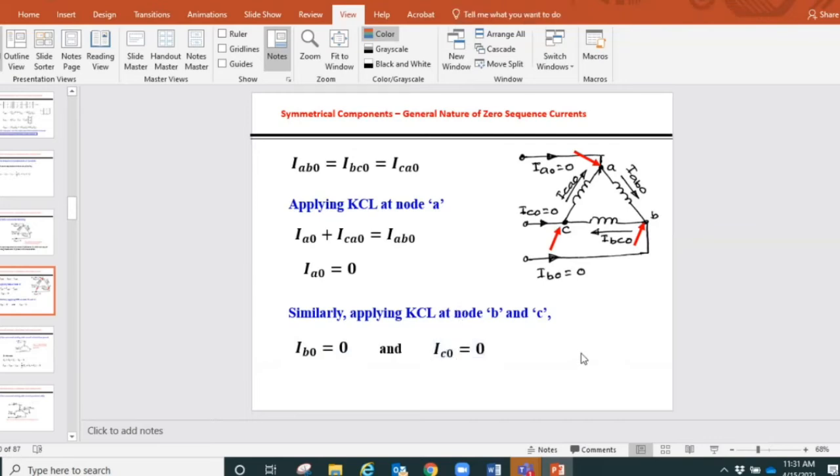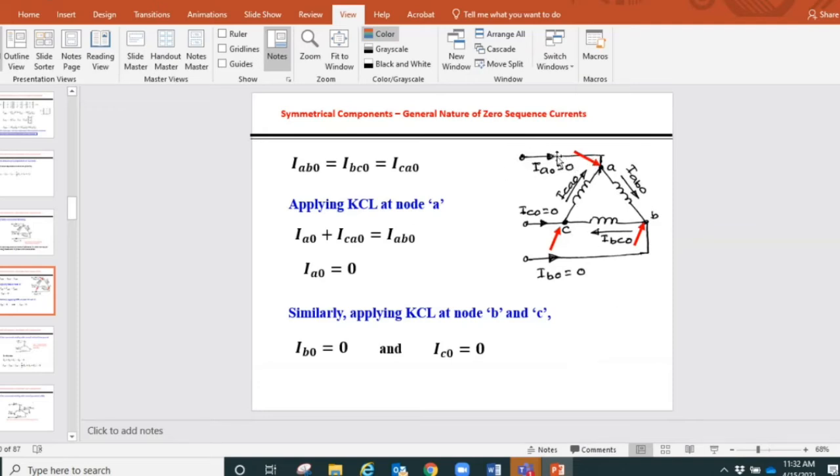So from this, we have to remember that if we have a delta configuration and the phase currents or branch currents for zero sequence, IAB0, IBC0, ICA0, are equal to each other, then it gives rise to a condition where the zero sequence currents in the lines will be equal to 0.